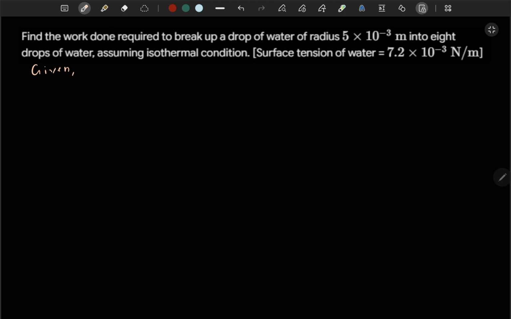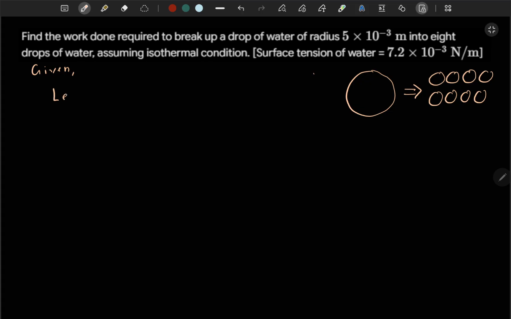So the first thing we need to understand is that one drop of water, a bigger drop of water, is broken into 8 small drops, according to the question.